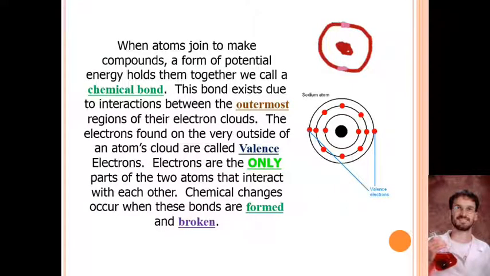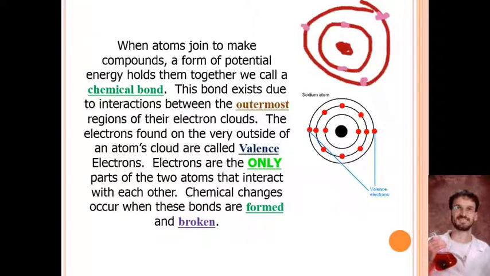It would be the electrons in the outermost ring of this atom interacting with the electrons in the outermost ring of that atom. So if this atom had a second ring to it, and we stuck some more electrons in there, it wouldn't even be the ones in this ring. These electrons wouldn't even interact with this one. It would really just be these outermost electrons interacting with the outermost electrons of this atom.